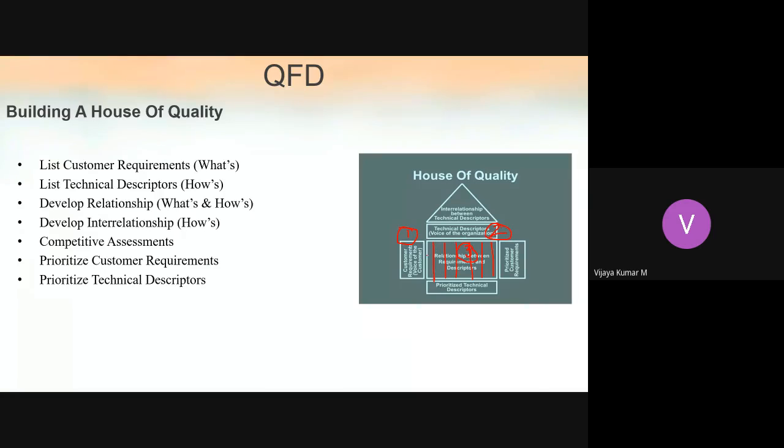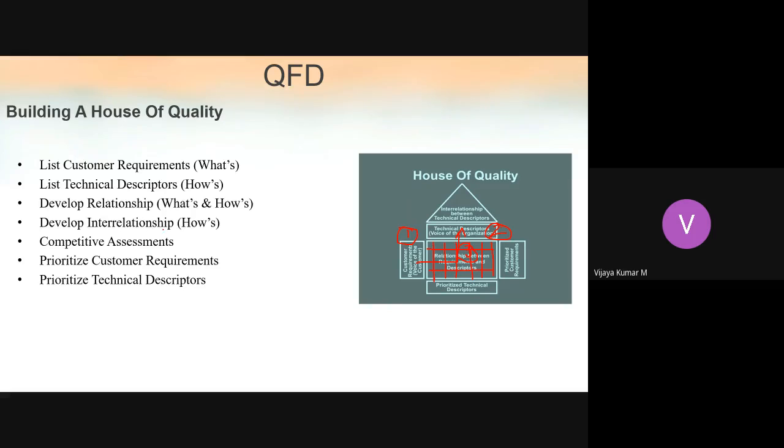So the relationship between these and the technical descriptors will be mentioned at this particular part. That is what is called the relationship between requirements and descriptors. That is the third part. You have to develop a relationship between the whats and hows. So after doing that, you have to develop interrelationships.